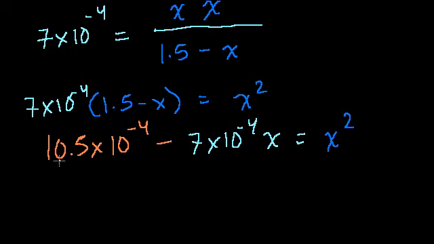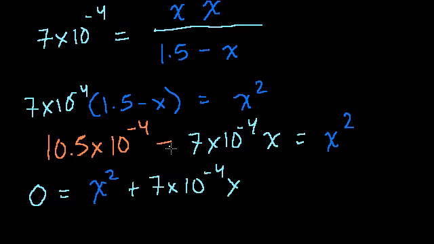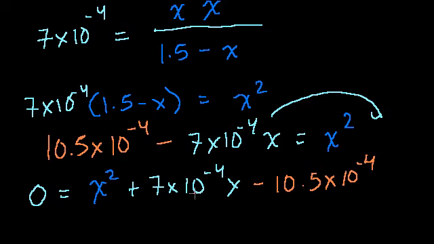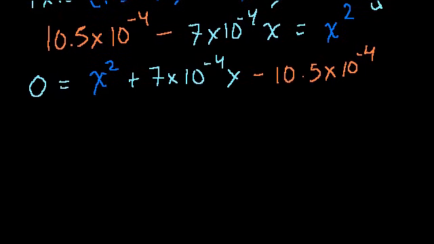If I subtract this from both sides and add this to both sides, I get 0 is equal to X squared plus 7 times 10 to the minus 4th X, minus 10.5 times 10 to the minus 4. Now this is a quadratic equation, and we can solve it. We'll get the answer.